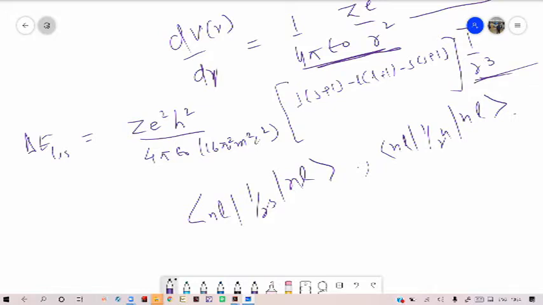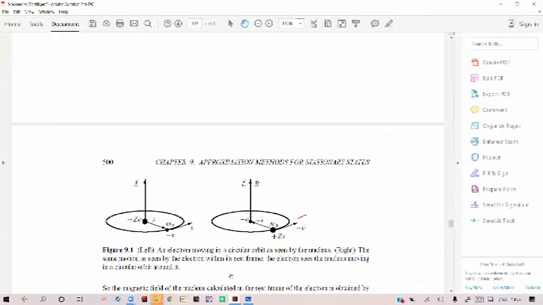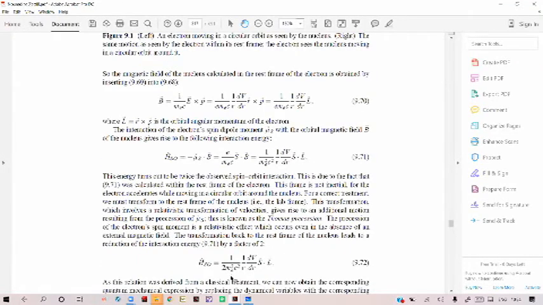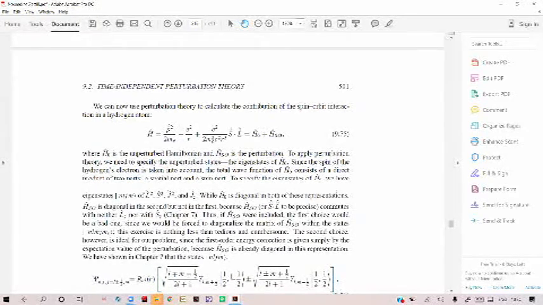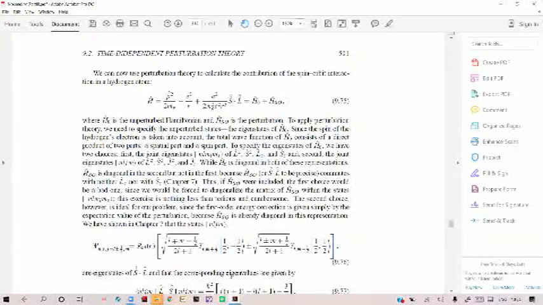Let me check. Let me see if it is here. It is not written here. So it might be here. No problem, here it is. So this is the spin orbital interaction term, dV by dr. You can also do it from this book, which is Zettili.